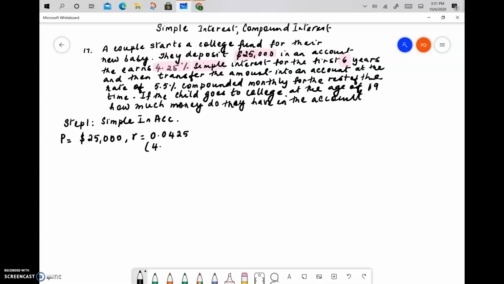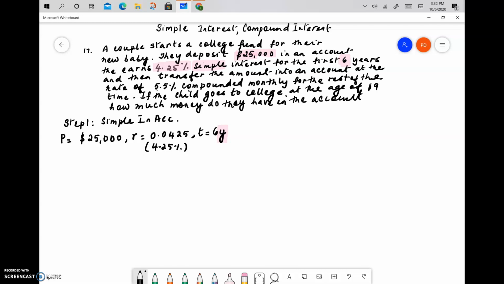So the percentage 4.25 is converted to a decimal, and we shift the decimal point to the left by 2 decimal place values. It's simple interest, and we also need to know the amount of time that $25,000 sits in this account. So it's for 6 years. Another important thing to note is that the time is measured in years, and that's exactly how it needs to be in order to plug it into any interest formula.